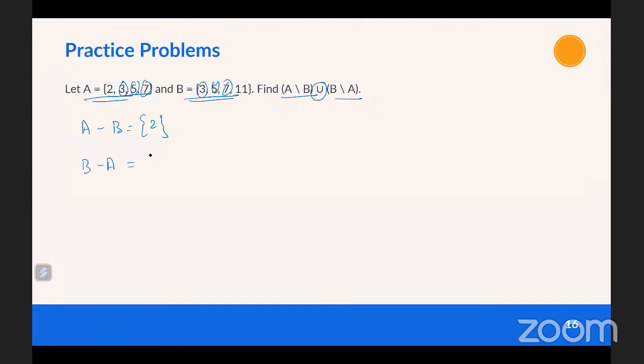Now when we perform B minus A, in this set, we have to remove the elements of A. So 3 will be removed, 5 will be removed, 7 will be removed because they are present in the set A. The only element remaining is 11. So we'll write 11. Now we have got the set A minus B and B minus A. Remember, A difference B and A minus B are the same. Okay. Now we have to do a union operation between these two sets. So if we perform a union operation, A minus B union B minus A, we have to write the elements in both the sets. So it will have 2 comma 11. So this is the answer for this problem.